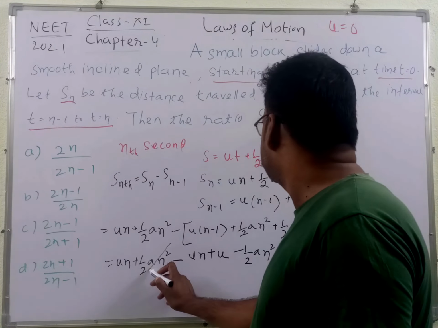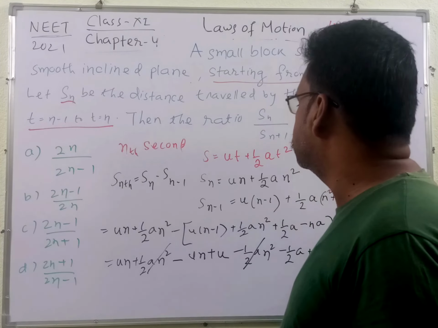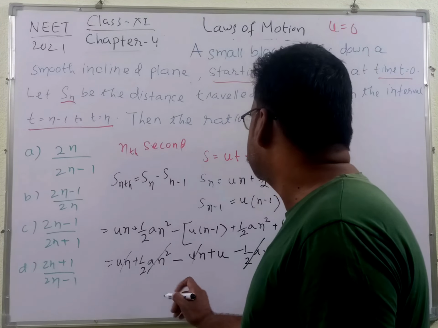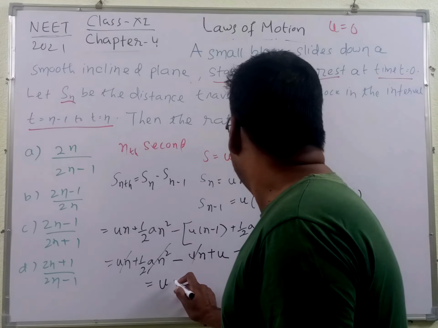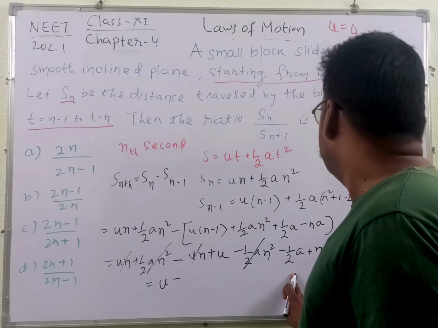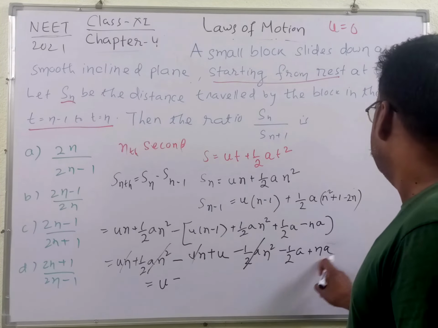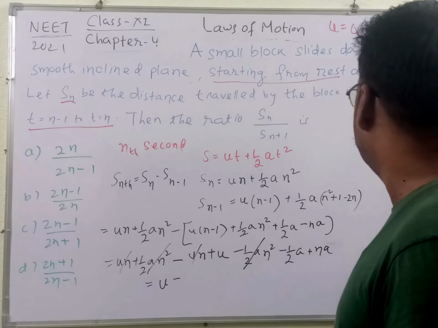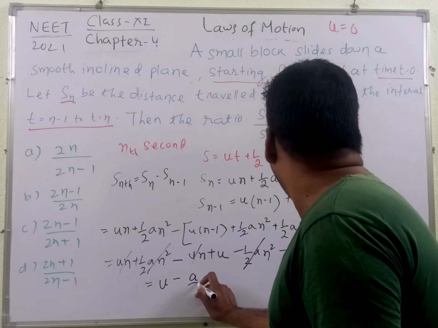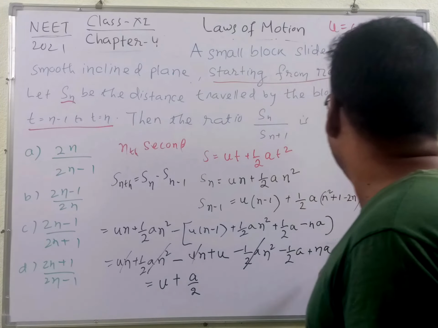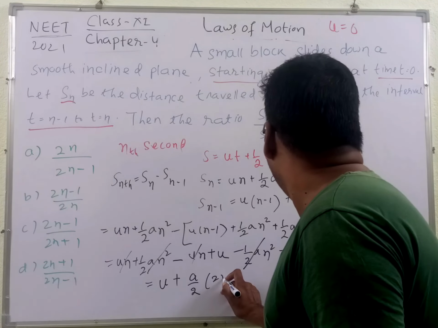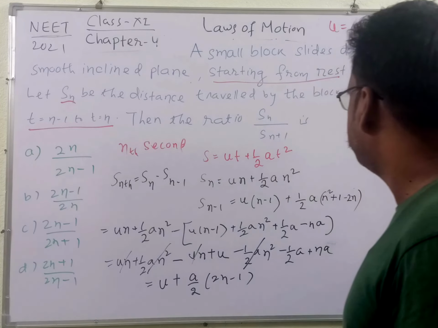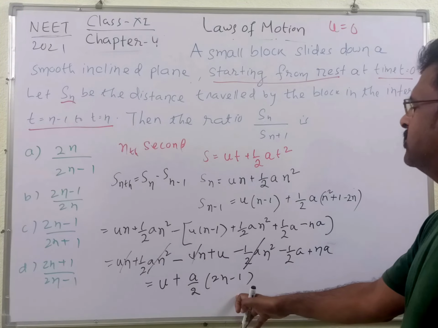So this half n square, this half n square cancels, un cancels. So what is left, student? U minus half a plus na. If we take a by 2 common here, this will be u plus a by 2 into 2n minus 1. Okay, student, we may write this as this.